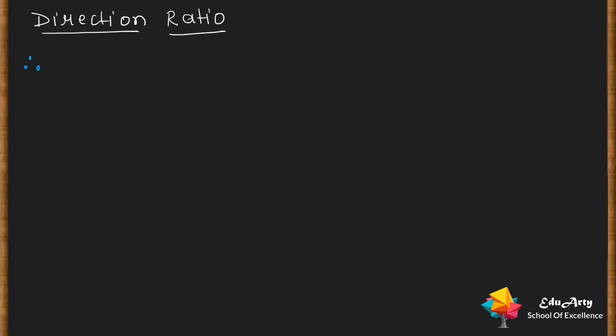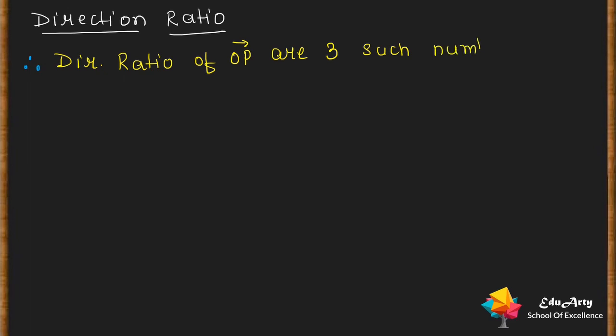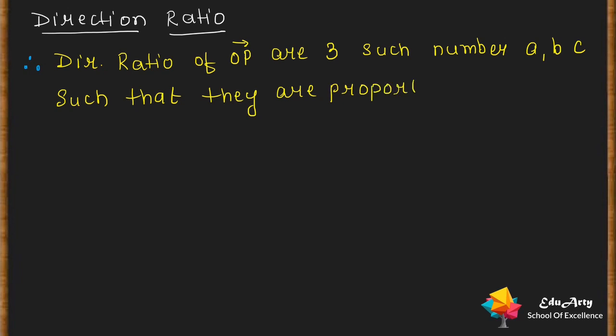They are saying that the direction ratios of the OP vector are three such numbers, constants, let's say numbers a, b, c, such that they are proportional with l, m, n.